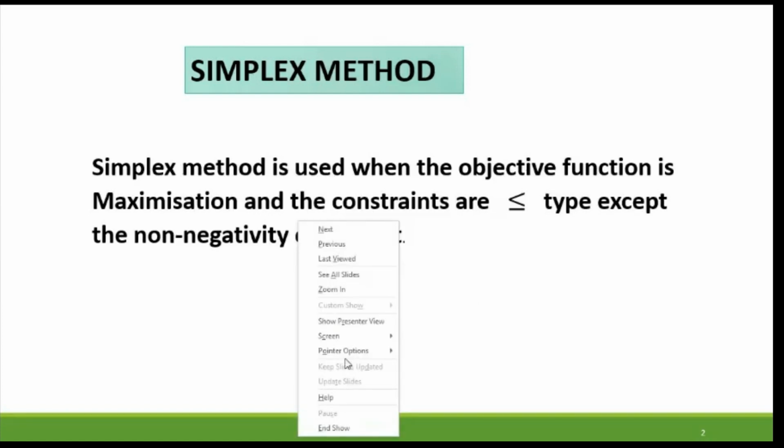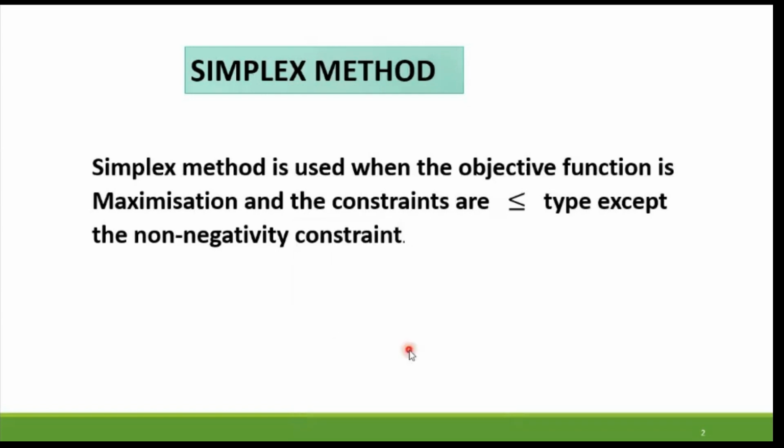Other than that, all the constraints should be less than or equal to type. Suppose it is greater than or equal to, then you have to convert it to less than or equal to, and see to it that the right hand side of each constraint is positive. That is also a condition to apply the simplex method.